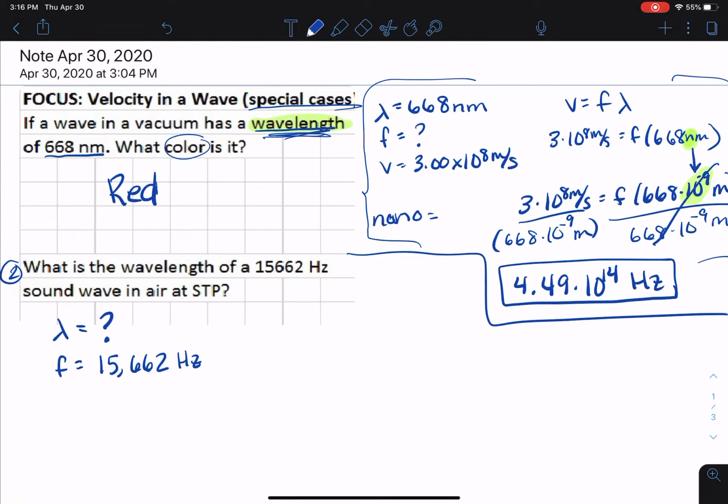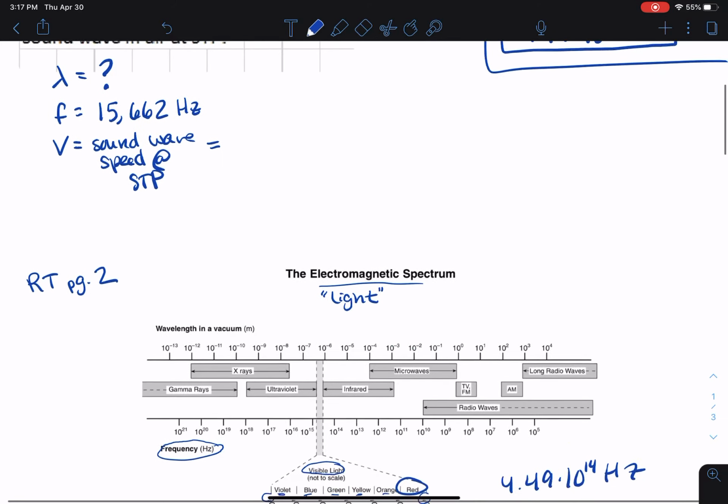So again, these special cases, the speed of sound in air at STP is actually a constant. So we need to look up the sound wave speed at STP. And STP just stands for standard temperature and pressure. Because, if it's warmer out or colder out, that's going to affect how sound travels.